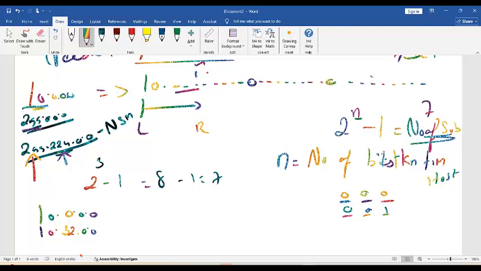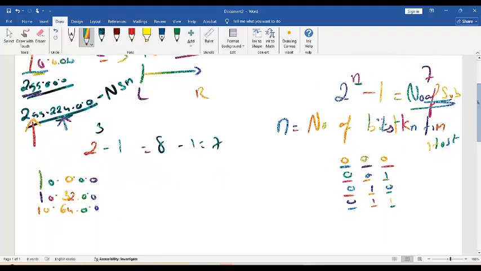Next, 010, which means 0 here, 1 here, 0 here. What is the value here? Saif? 64. 10.64.0.0. Next, 011, which means this is 64, this is 32, which means 10.96.